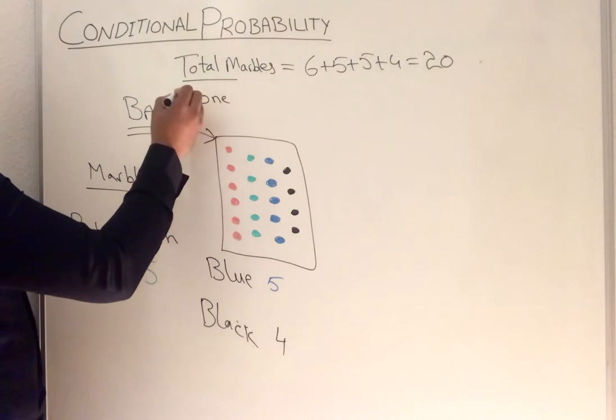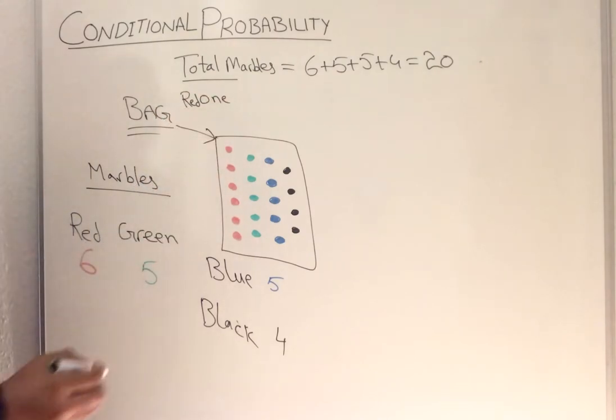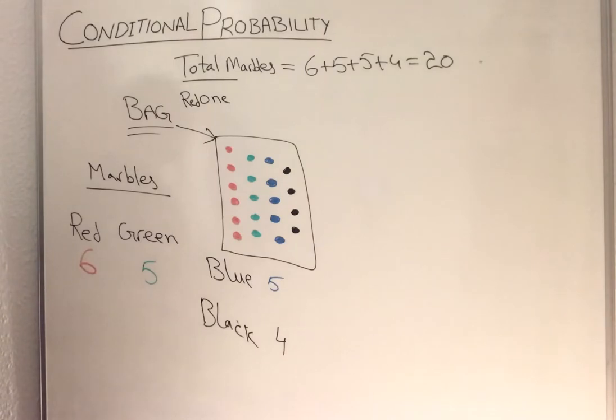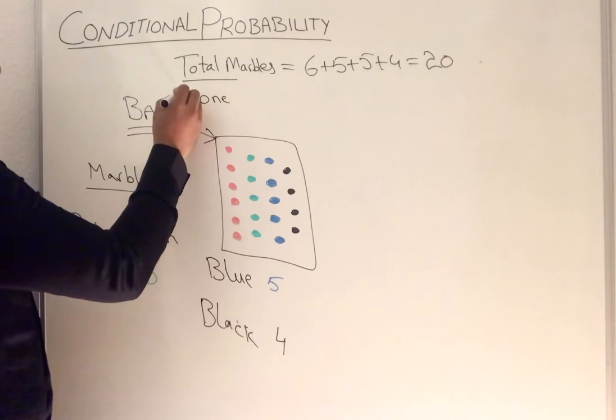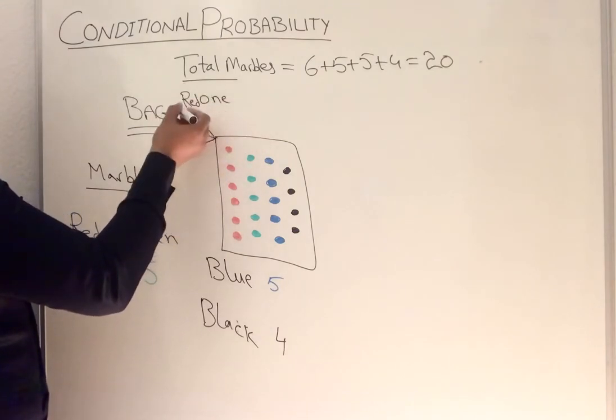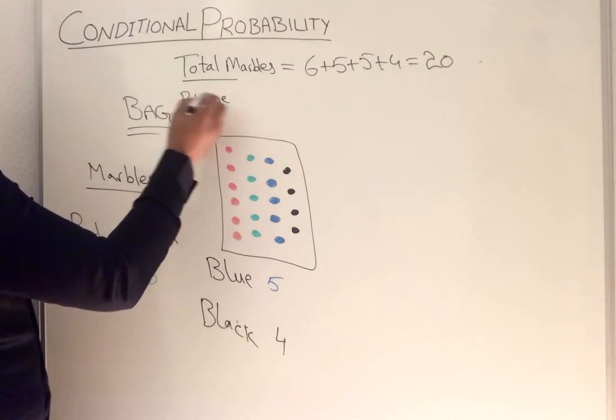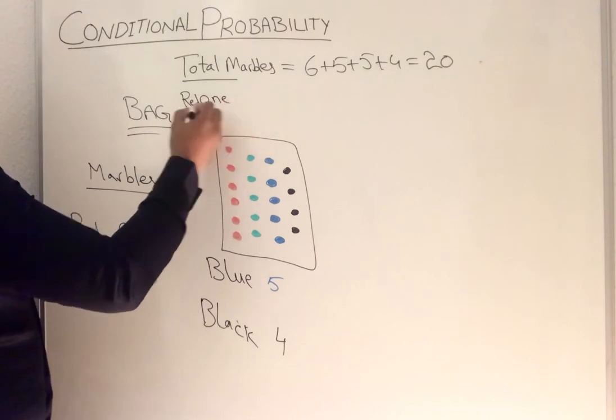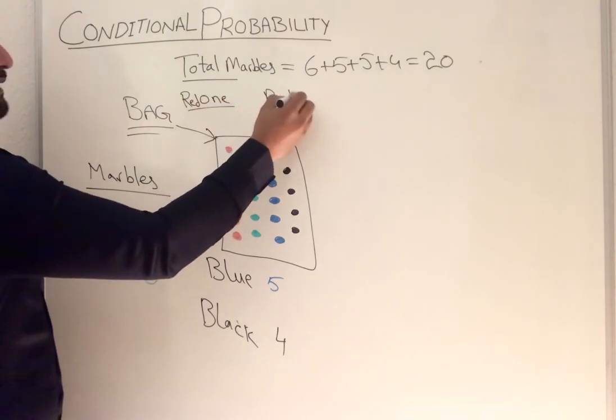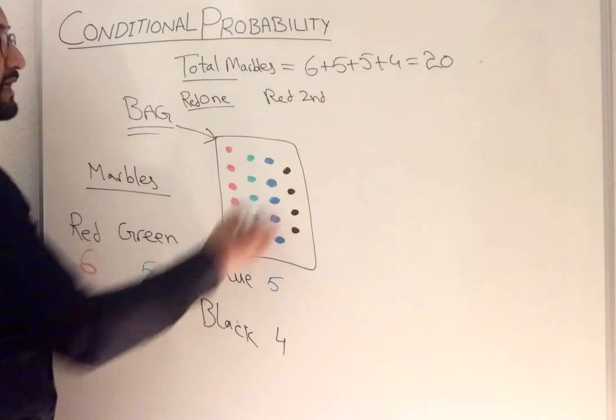If I write down a red marble the first time, we need to find the probability of picking 2 red marbles. The red marble the first time and the red marble the second time.